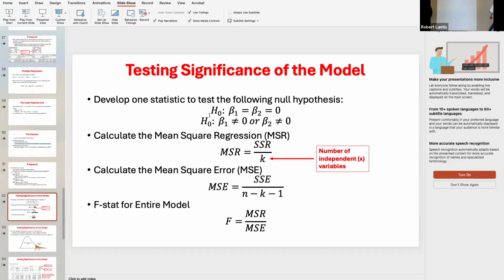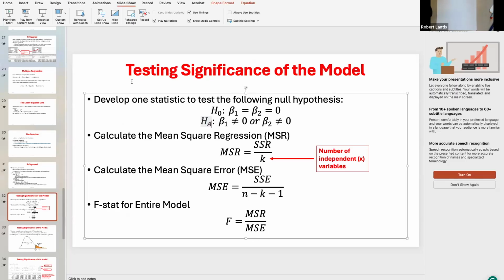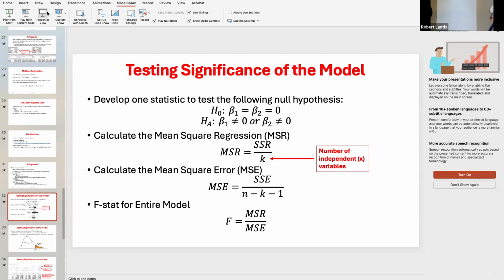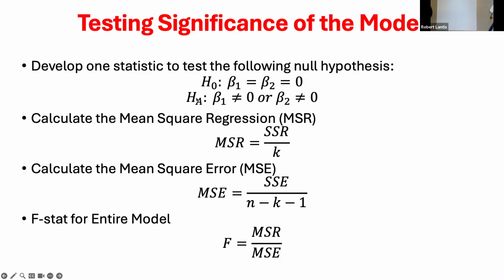And this is a small typo, so I'm glad I'm catching this. I think I just copy pasted and forgot to update it. So my alternative hypothesis is that one of these is not equal to 0. So something I've included in this regression has some relationship with y that's something other than 0.